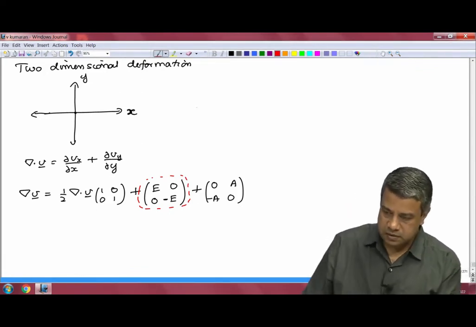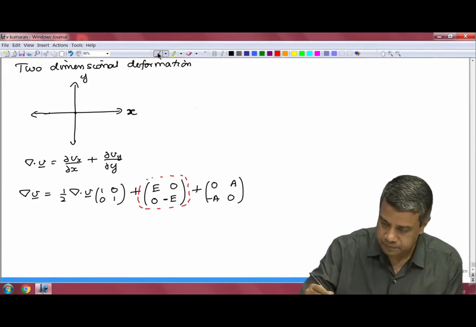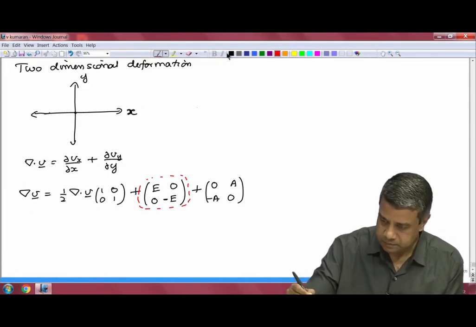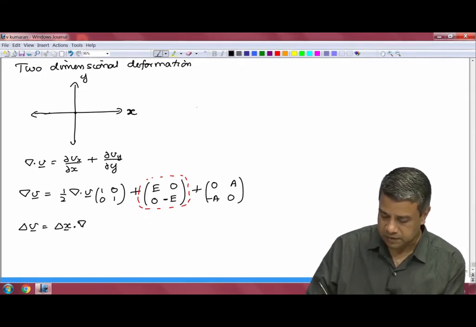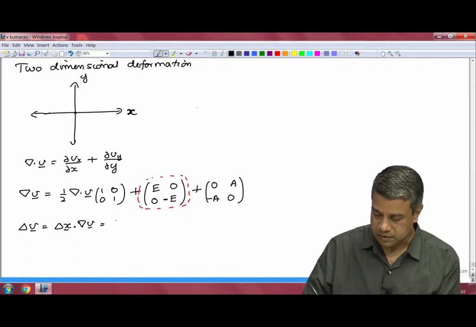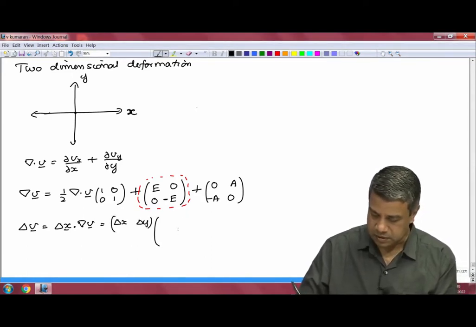So, now we know that delta V is equal to delta x dotted with grad V, which is equal to delta x delta y into this matrix.